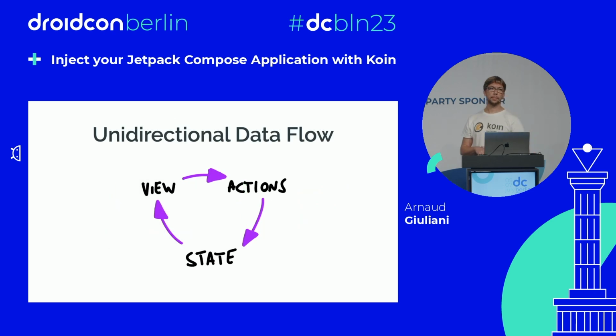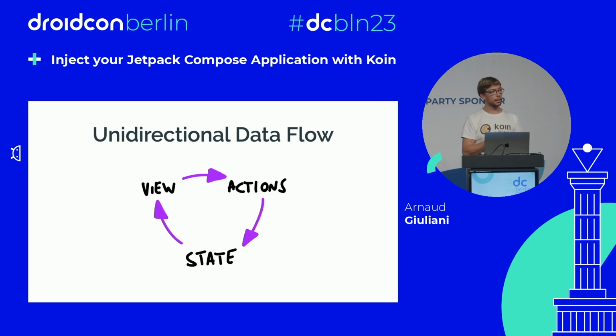Also, in terms of architecture, it's clearly pushing us in a more interesting way, toward this unidirectional data flow approach. That means that a view is only rendered and triggers actions. Those actions are triggering a new state, and those new states are rendered as a UI.